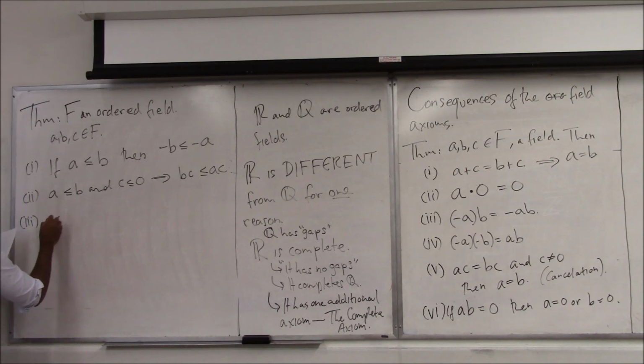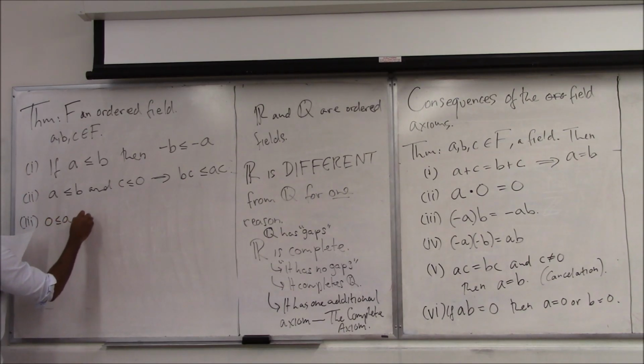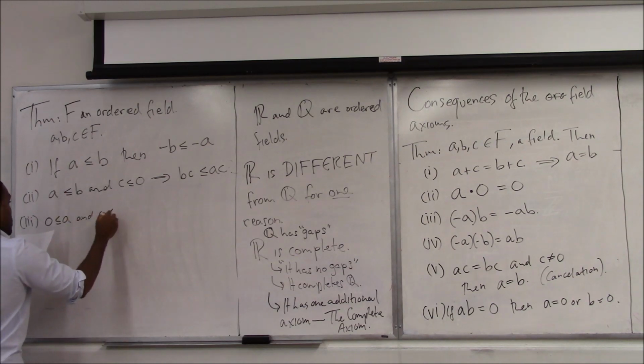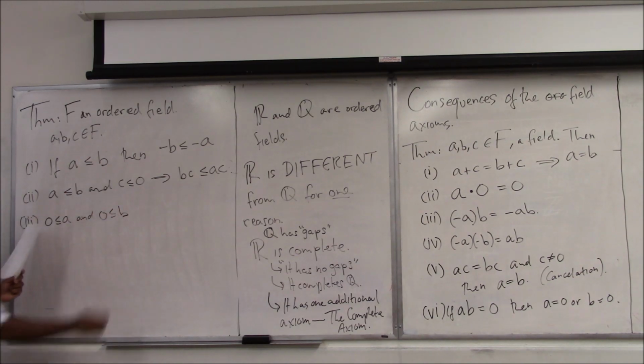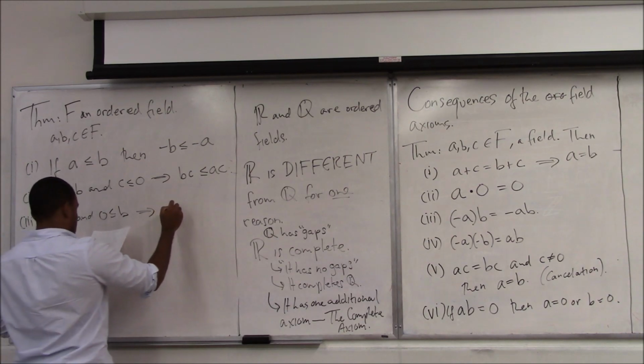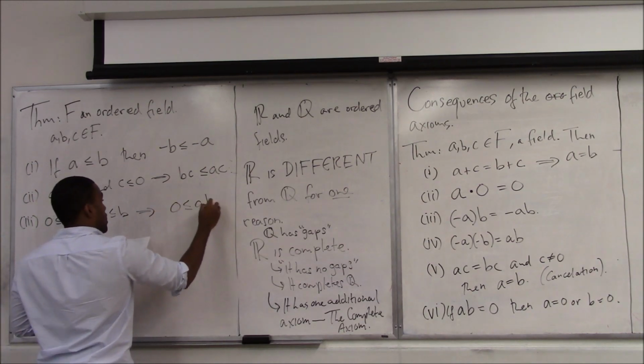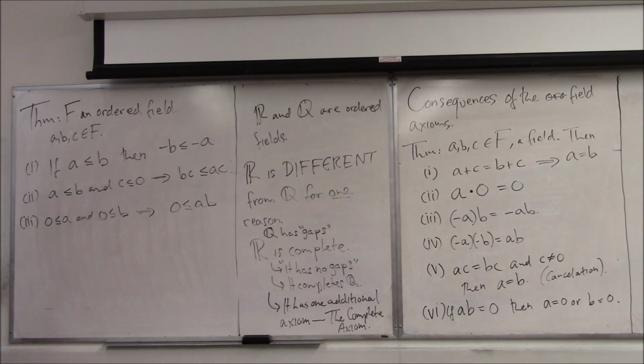3. If 0 is less than or equal to A, so A is positive, and 0 is less than or equal to B, then if I multiply these two things, I maintain being greater than or equal to 0.